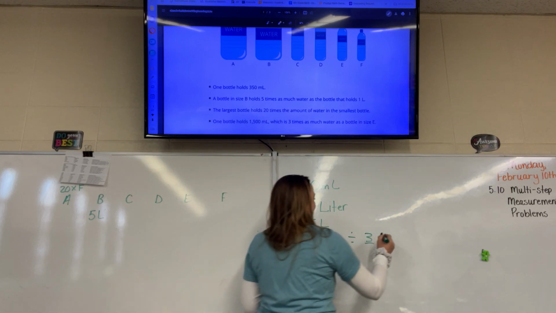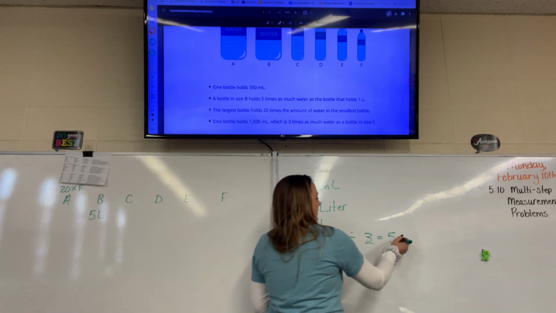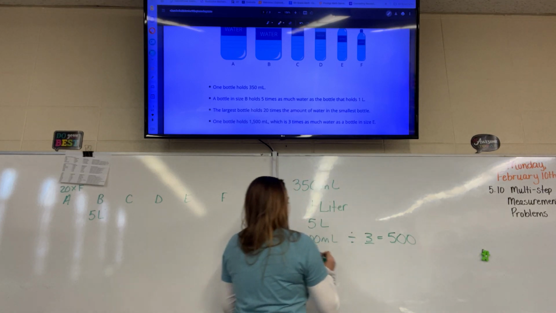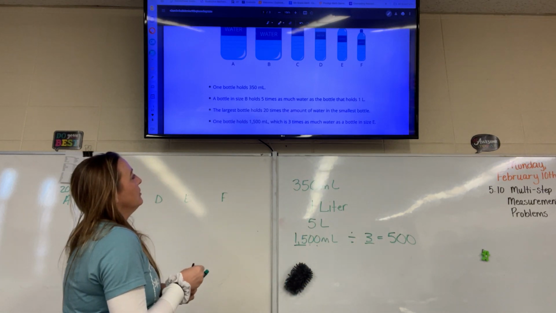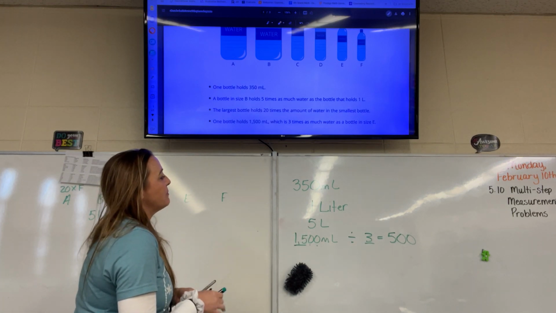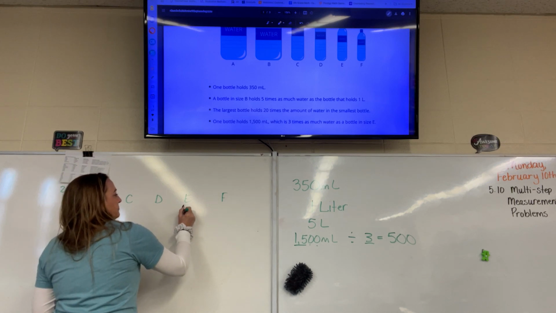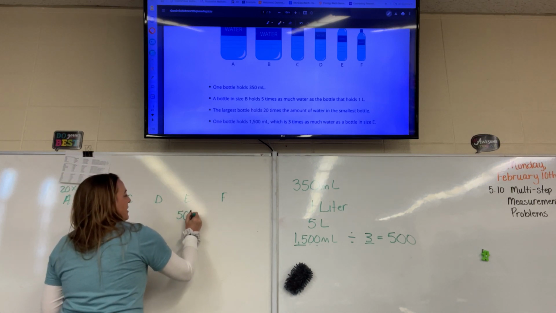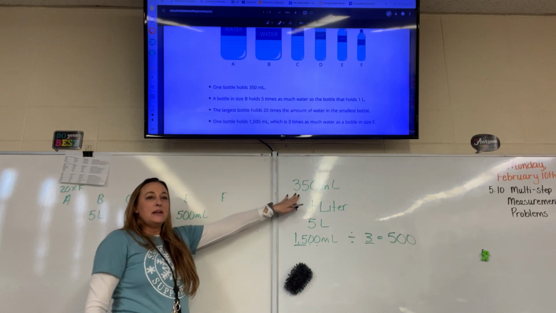Yes, nice job. 5. And then how many zeros do we bring over? 2. So that means one bottle holds 1,500, which is 3 times bottle E. Bottle E is how much? 500 milliliters. That means, can we plug in this one now?